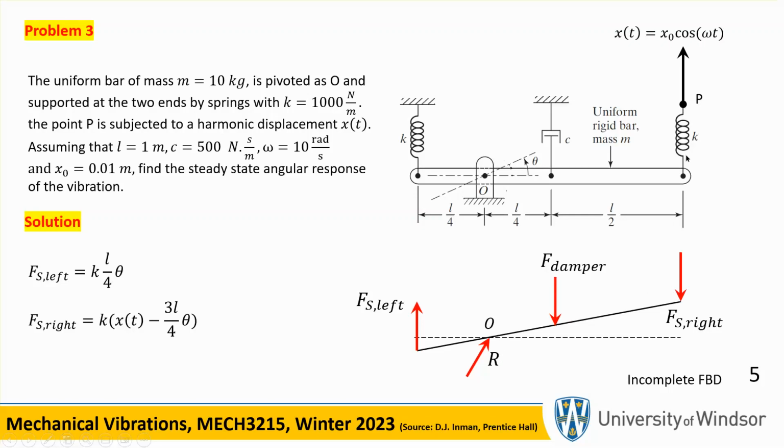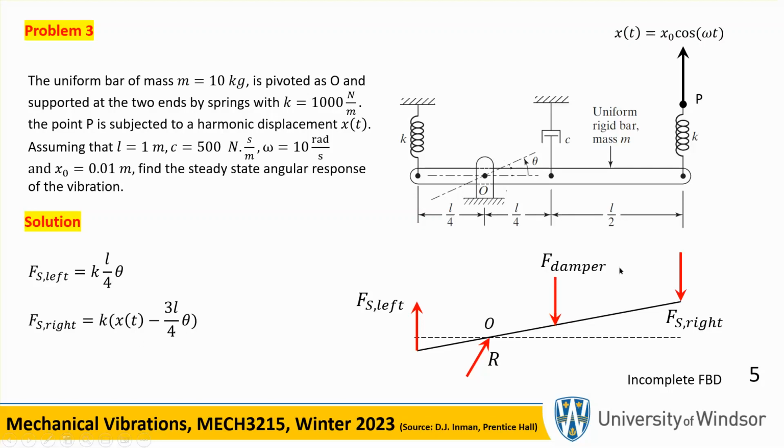So the actual amount of stretching or compression is the difference between the x and 3L over 4 theta, because point P moves, but the point where the bar is located is also moving upward. Therefore, what you see here is the net stretching of the spring on the right side, and you multiply it by K, and you're going to get the force on the spring.